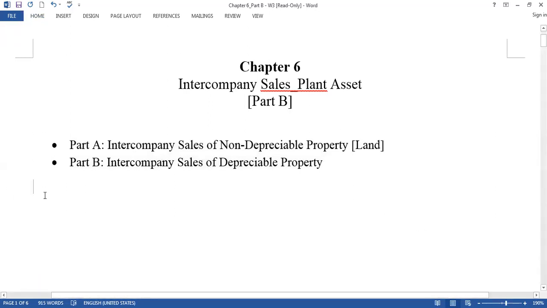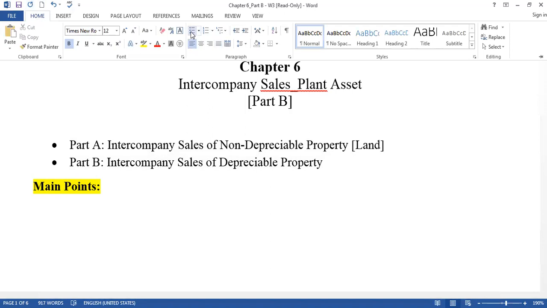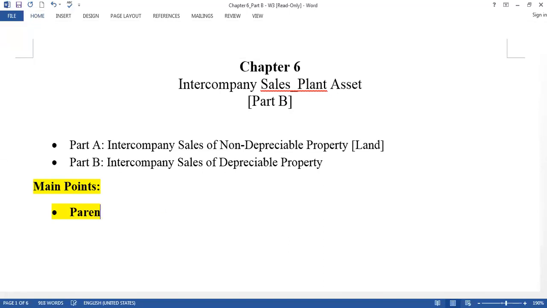Then let me explain the main points again. You have to find out whether the parent company sells an asset to the subsidiary or the subsidiary sells an asset to the parent. For example, the parent company sells plant assets to the subsidiary company.